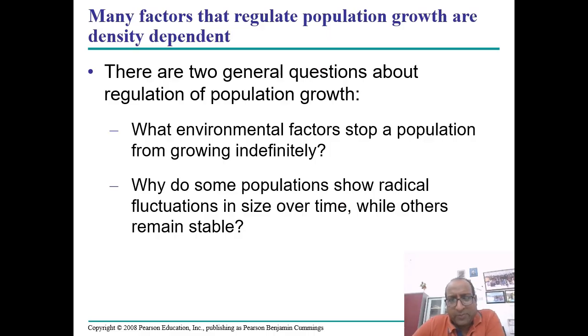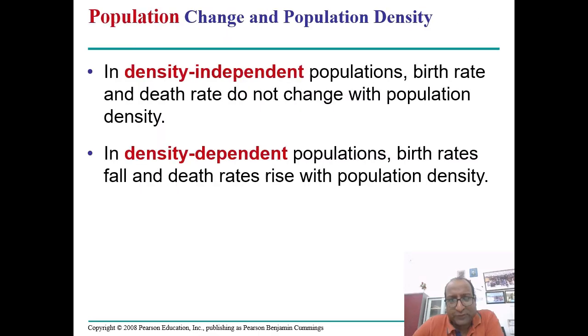Even then, their population is not increasing so much. What is checking them? How are they controlled? So why do some populations show radical fluctuation over time, while others remain similar? Some populations show stability, others immediately overshoot the carrying capacity and then come down again below it. So there is some very large, drastic fluctuation in some populations, and some populations are stable.